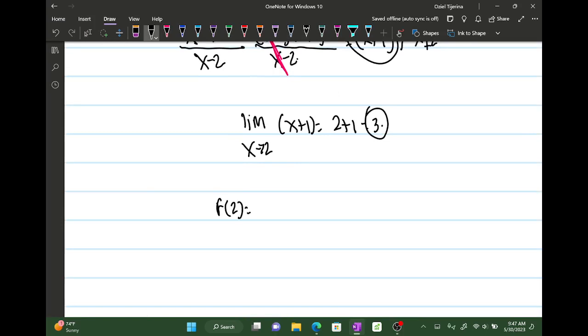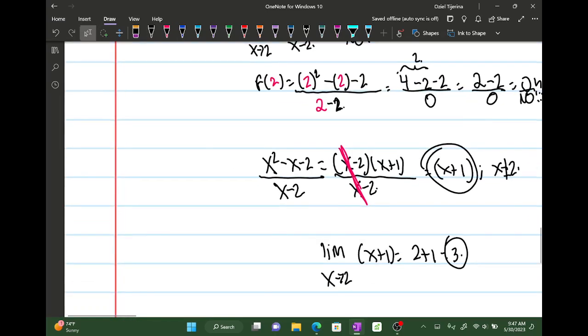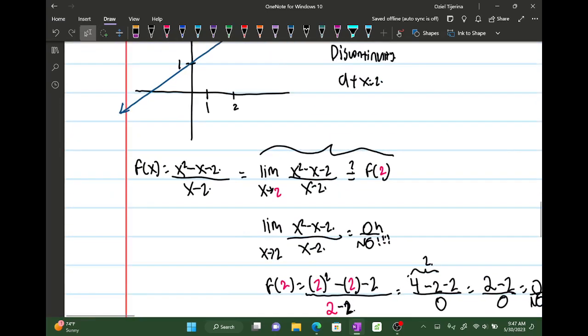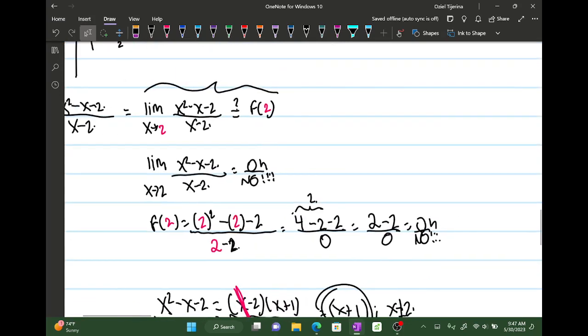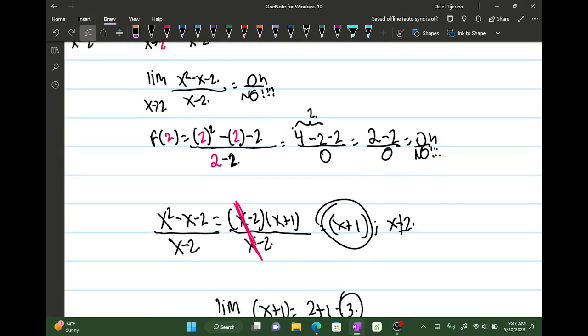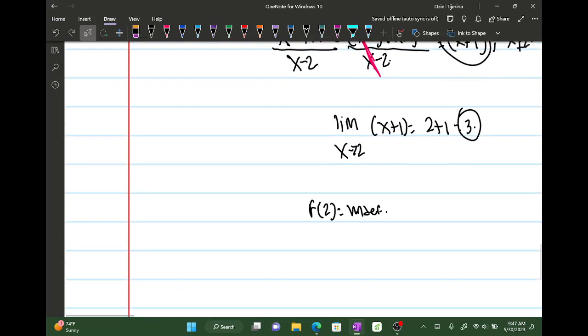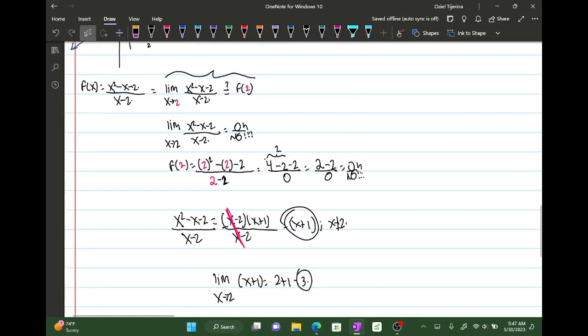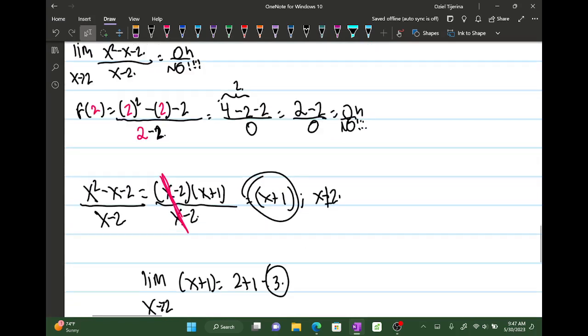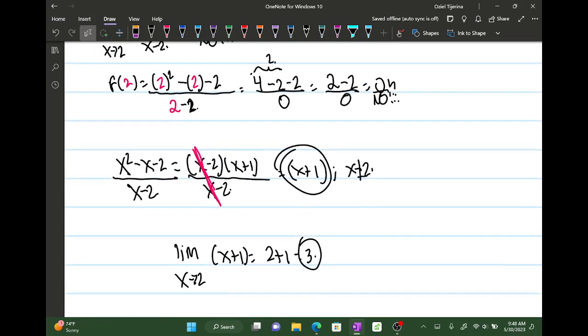F of 2 is undefined, because in the original function, when we plug in x equals 2, it's 0 over 0. So obviously, this function is not continuous, and because the denominator cancels out and there's a restriction at that denominator, this means it's a removable discontinuity. I really hope that makes sense, guys. I'm really trying.